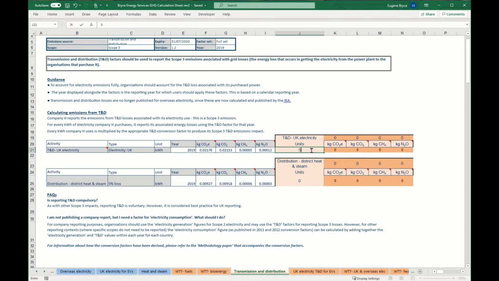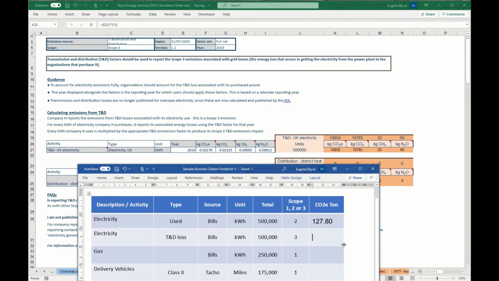Again, moving on a bit quicker, 500,000 units, and we have a CO2e of 10,850. So in tons, 10.85. Job done, calculating T&D.